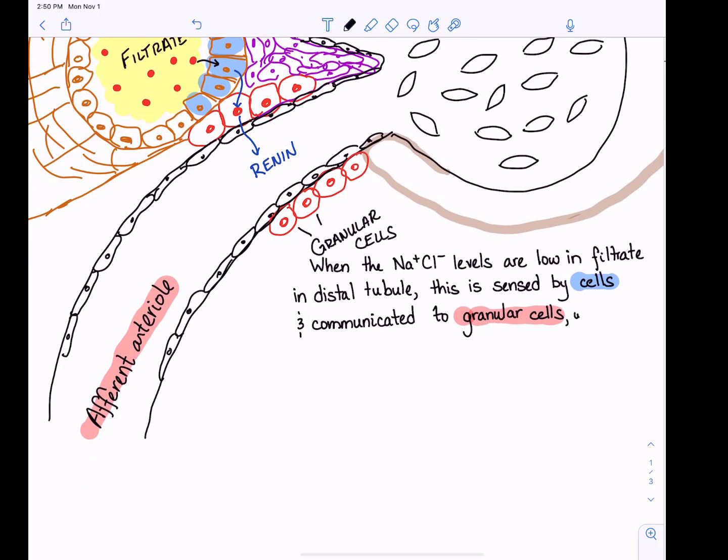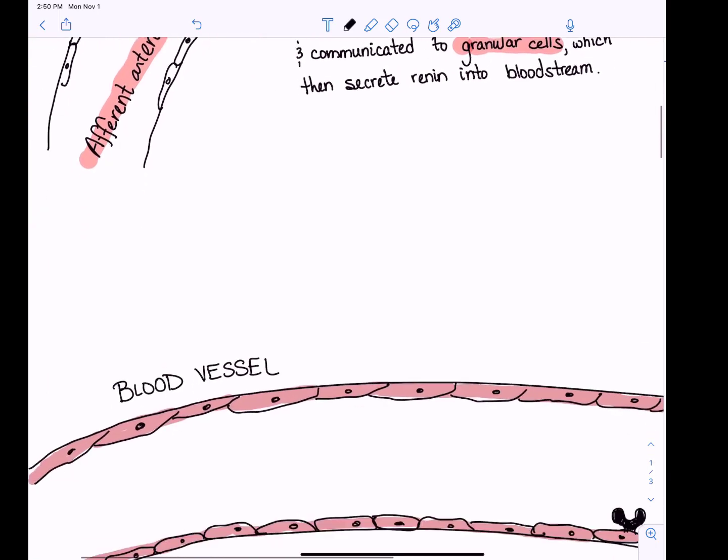So to summarize, the juxtaglomerular apparatus is instrumental in causing the secretion of aldosterone into the bloodstream, and thus triggering the reabsorption of sodium and chloride in the distal tubule. So the goal is to monitor the filtrate composition of sodium and chloride and communicate that information to the granular cells.